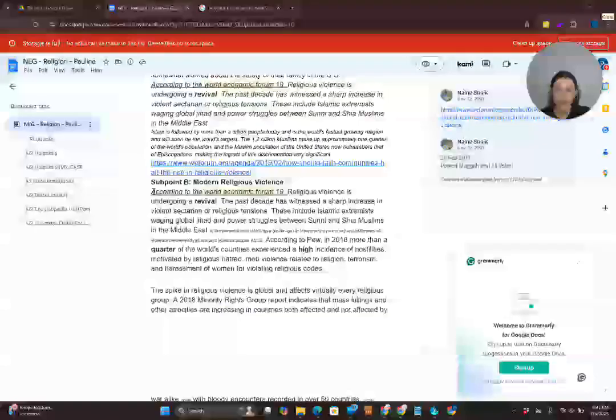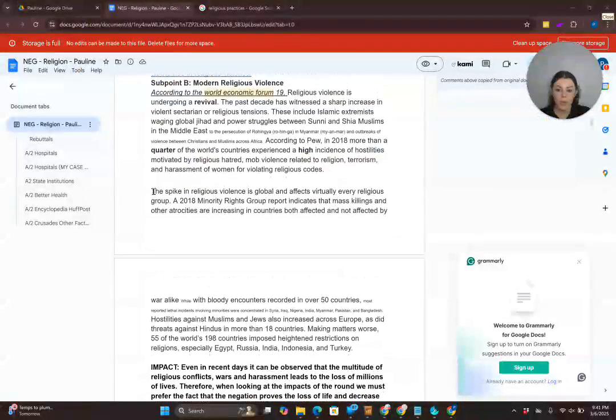Alright, so what kind of questions would you guys utilize against my subpoint B? So, starting off with my very first sentence, I would say, you mentioned that religious violence is undergoing a revival. Is this just violence that has some sort of religious component to it? Or is this violence that is actually fueled by religious beliefs and religious practices?